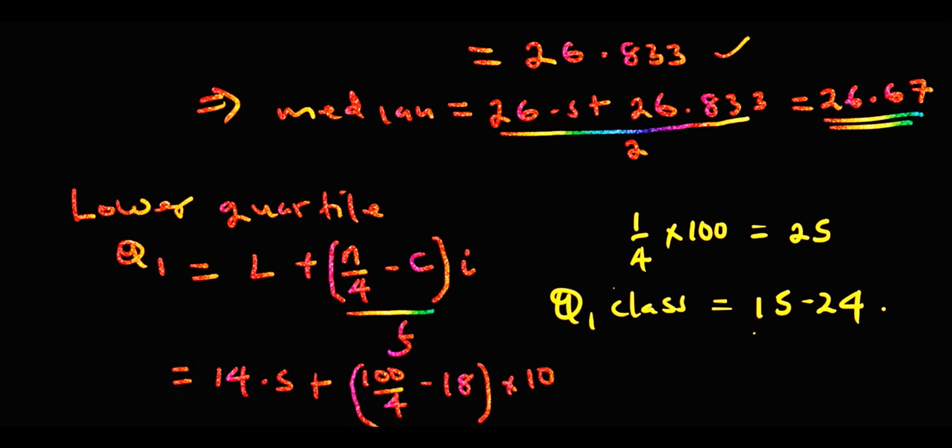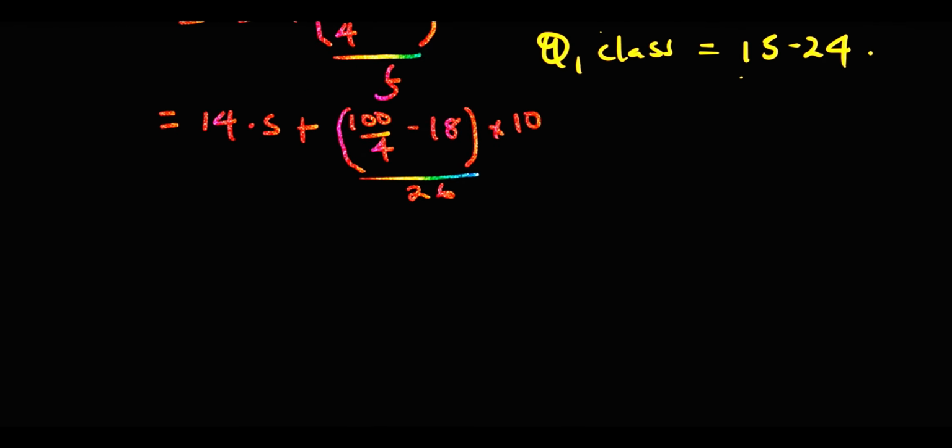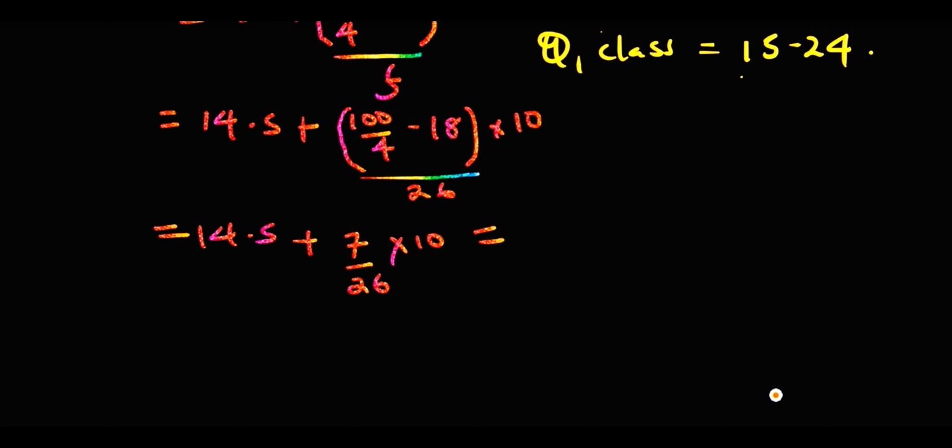So let us simplify this. So we have 14.5. Then we simplify what is inside this bracket. That is 100 over 4 is 25. So we have 25 minus 18. 25 minus 18 is 7. So it is 7 over 26 times 10. So let us again simplify this.